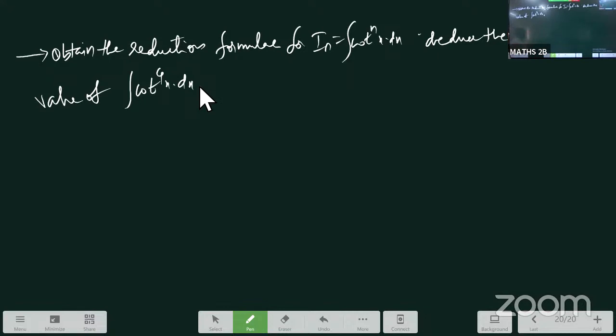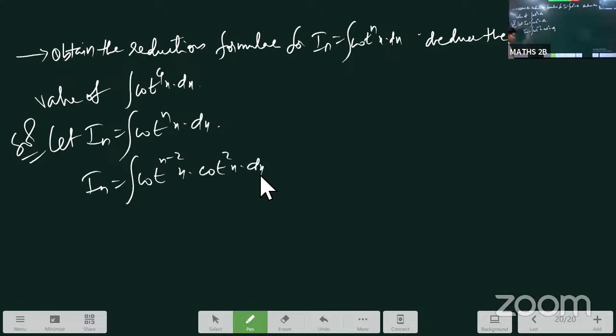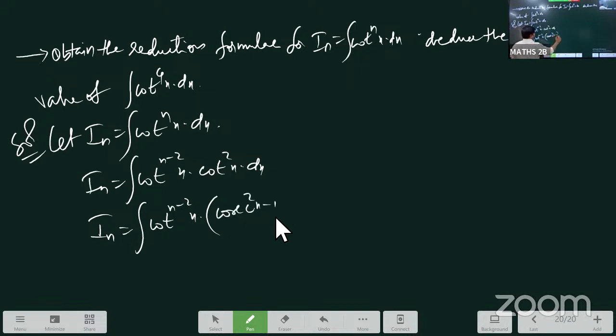Is it clear? Now, again, let In is equal to cot power n dx. Now, In is equal to, again, cot power n, I will split it as cot to the power n minus 2x into cot square x. Now, cot square x you write as cosecant square x minus 1.